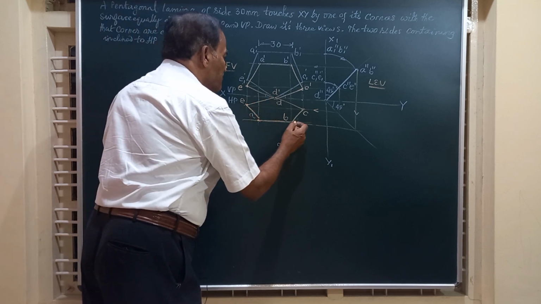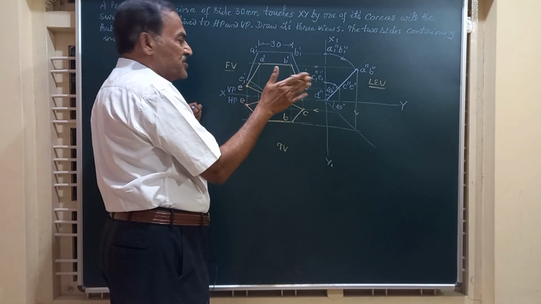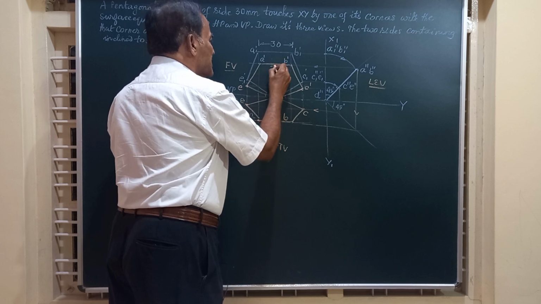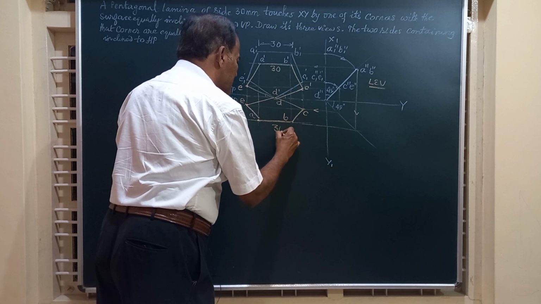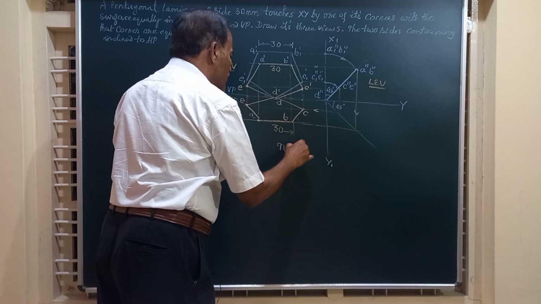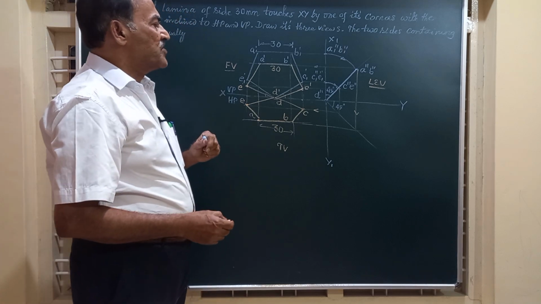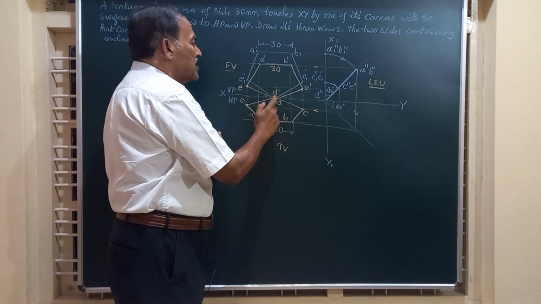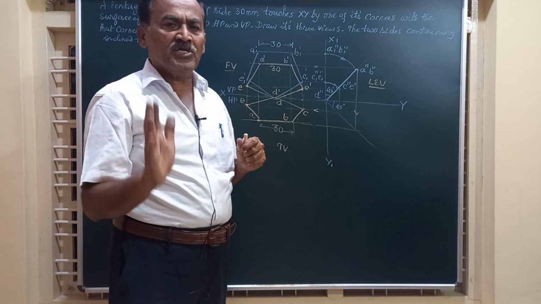Friends, remember, since this edge AB is parallel to both HP and VP, you will get in the front view this distance as 30 millimeter. In the top view, you get this distance as 30 millimeter. And one more important thing is, friends, you can observe here, if you draw this diagram to the scale, the front view and top view will be just identical to each other.